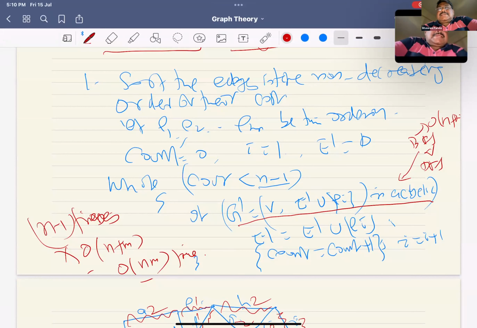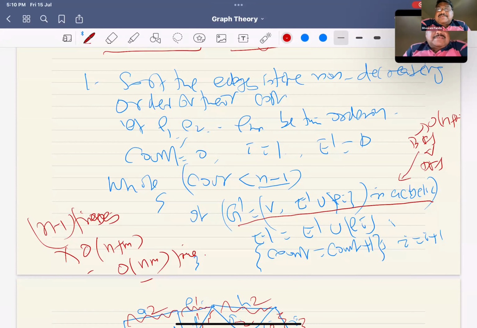Yes, sir. So to prove this one, there is a proof by the method of contradiction for Prim's algorithm and Kruskal's algorithm, but there is another way to do that. Not only this, these are special cases of a generic method.